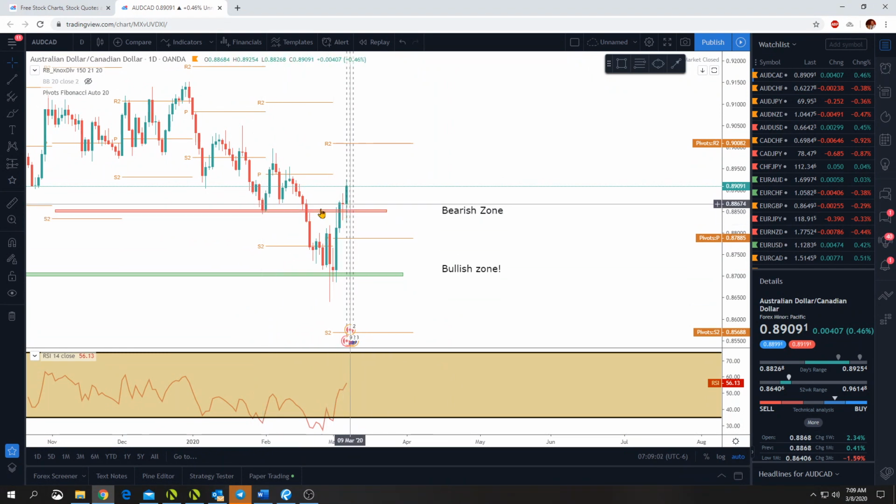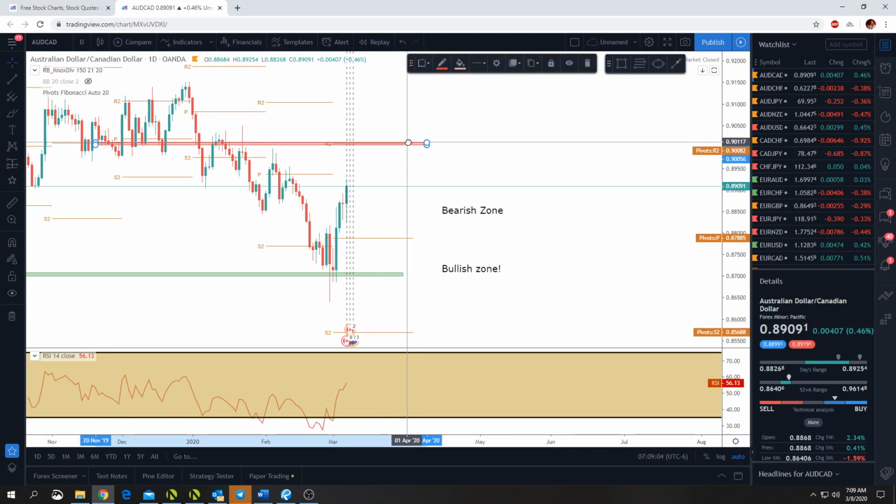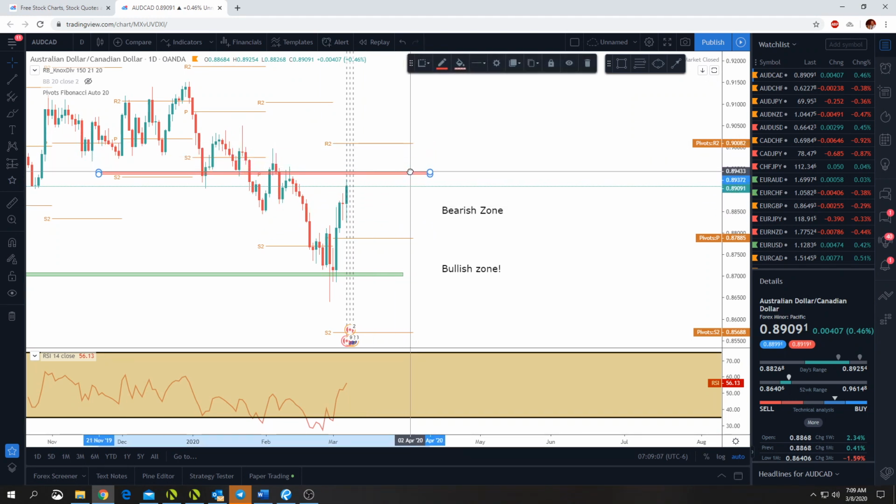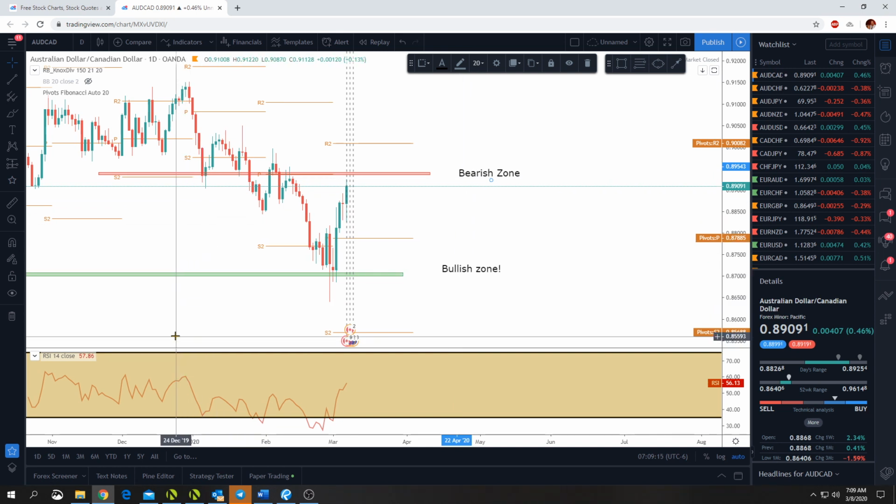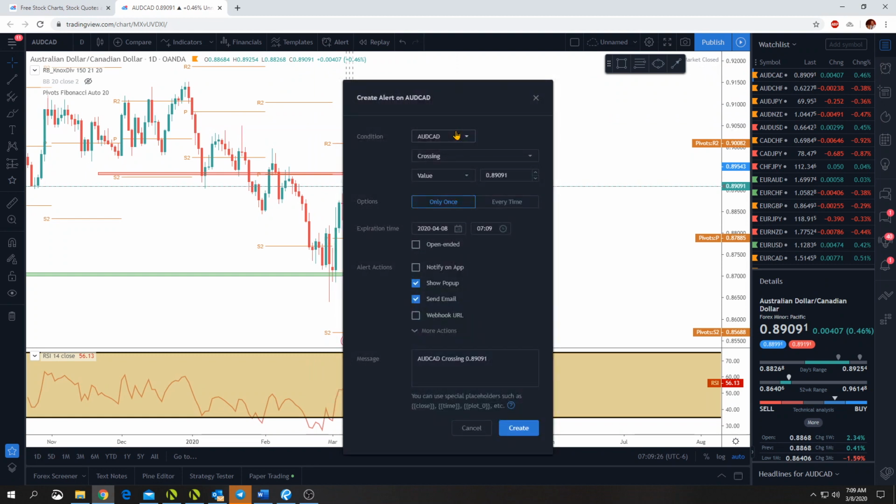We did not get a confirmation of resistance, so now I like possibly seeing what price is going to do at the prior week's pivot. So let's see what price is going to do here. I'm going to put an alert right here at 89,358.